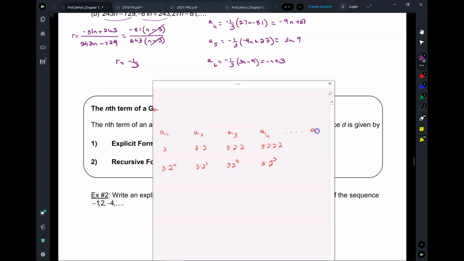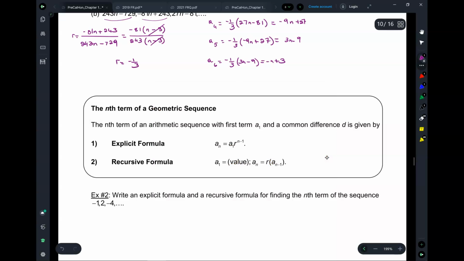So if you go further down to AN, there's always that A1 term, A1 times R to the power of how many? N minus 1. That is the explicit formula.